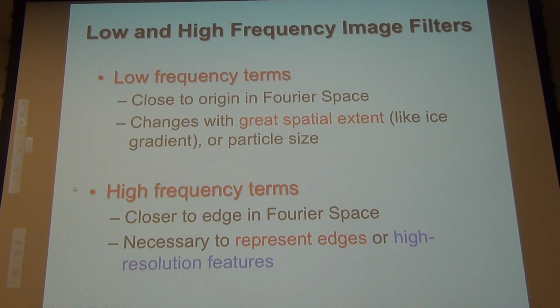Low frequency is close to the origin. You still remember the frequency spectrum: this is F, 2F, 3F. So low frequency is close to the original point, and high frequency is close to the edge part, right?